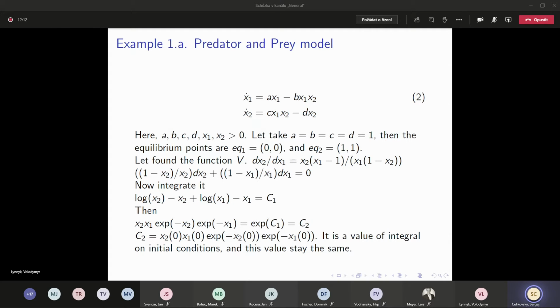But we may use this later lemma: if we prove in some different way that trajectories are bounded, we are not obliged to check on the whole space that the Lipschitz constant is bounded, which cannot be true here because of these terms x1, x2. It's clear that the Lipschitz constant on the whole Rn will not be bounded, so the system is not global Lipschitz. So that's my comment. Okay, thank you.